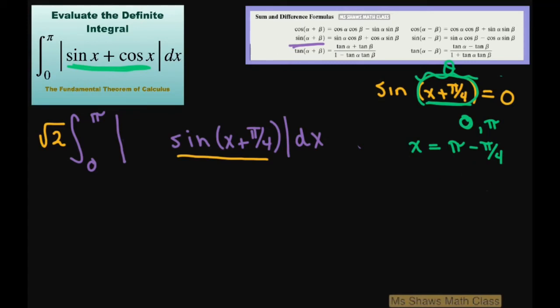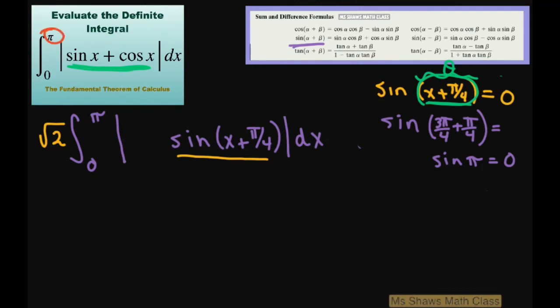All right, let's substitute it back in. If I substitute in sine of 3 pi divided by 4 plus pi divided by 4, that gives you sine of pi, and sine of pi equals 0. So what we want to consider now is 0, 3 pi divided by 4, and pi.